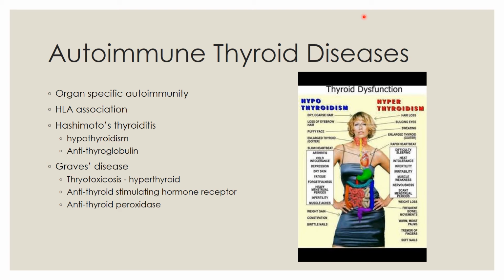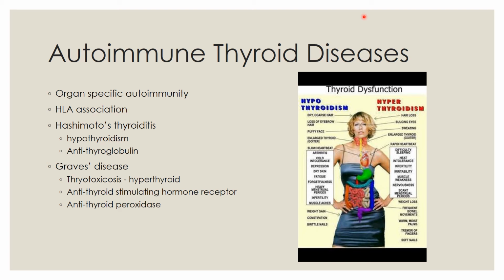Okay, as it's produced, it's attached literally at the site on the thyroid, and the attack occurs right there. So you keep destroying the thyroglobulin, the cells that are producing the thyroglobulin, and you end up with the hypothyroid symptoms.